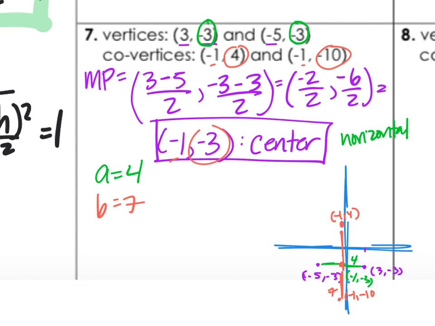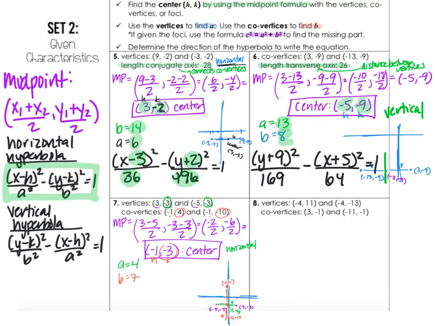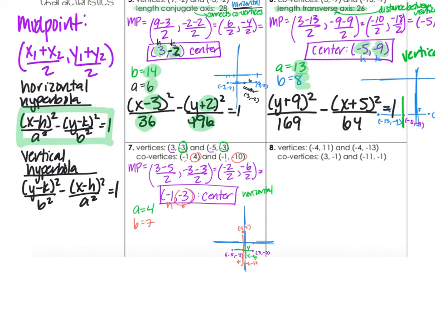Now that we know h, k, a, and b, we can put them all into our horizontal hyperbola. So I'm going to zoom a little bit above. There we go.